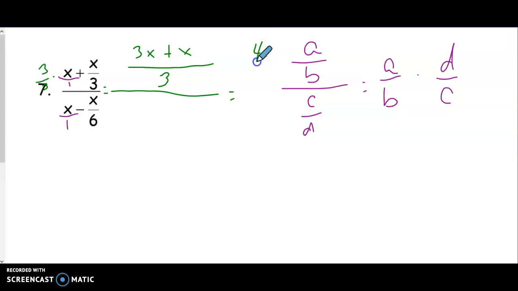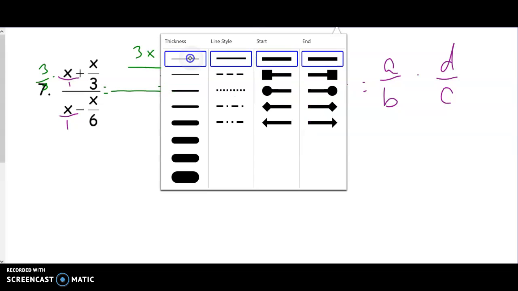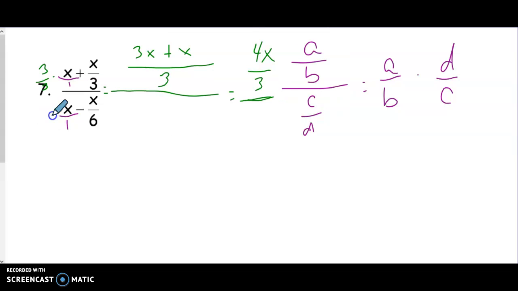So we end up with 4x over 3. And the denominator, lowest common denominator will be 6. So we'll multiply that first fraction with 6, so we get 6x. They're both over 6 minus x. So 6x minus x is 5x.